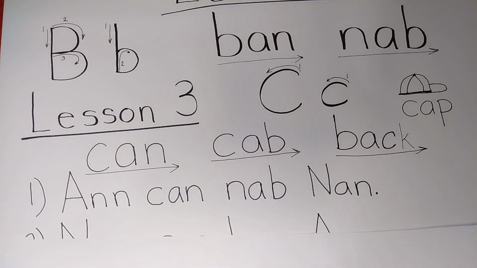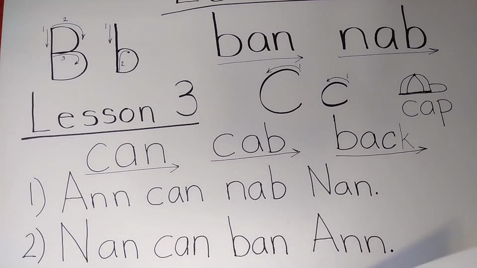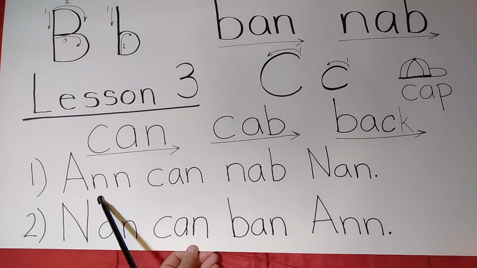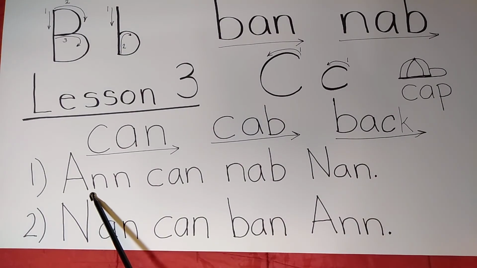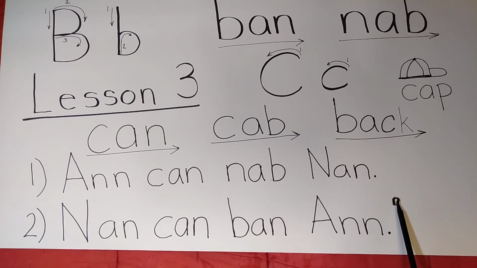Now we're going to do something new. We are going to do some true and false sentences. And here's what the students are challenged with. First, I want you to have them read the sentence silently and then tell you whether it's true or false.